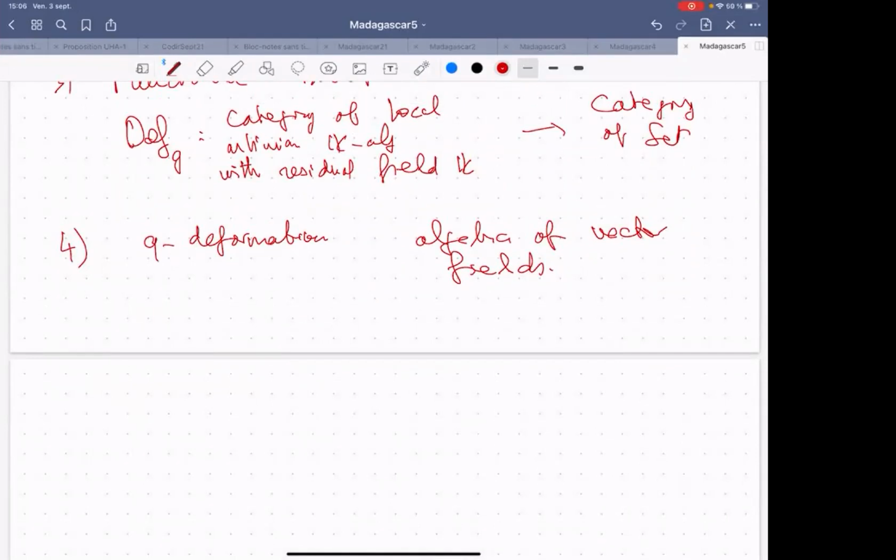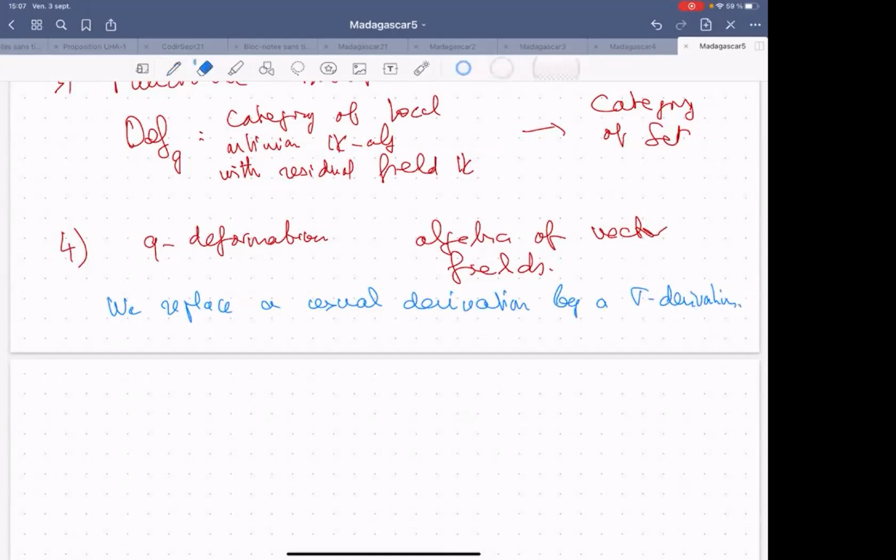It consists of changing your derivation. We replace a usual derivation by a sigma derivation. What is a sigma derivation? A sigma derivation is an operator.